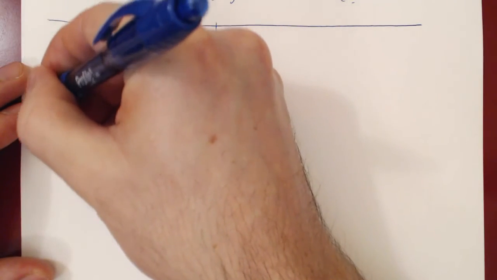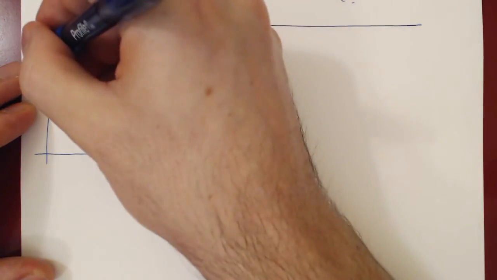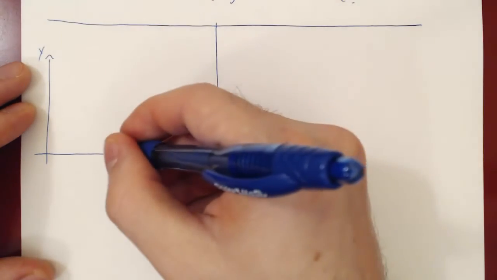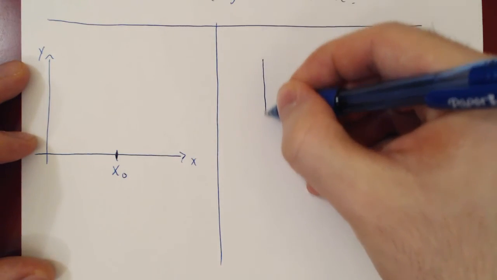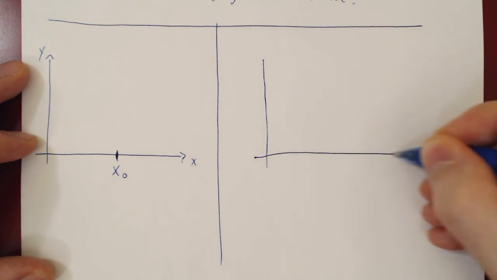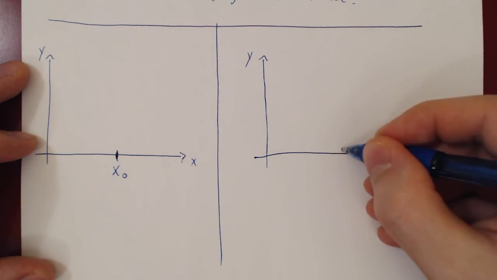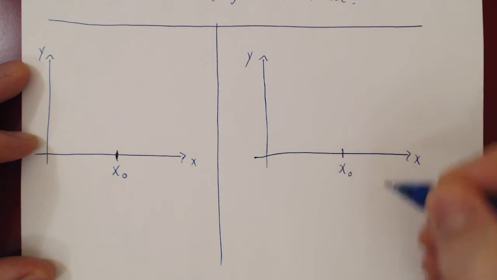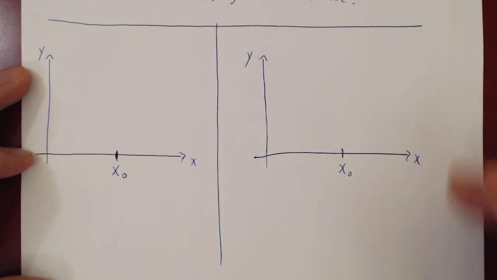So suppose that you have the following set of axes, and suppose that the point x0 is positive. In both cases, we'll also assume, just for clarity of the picture, that the y values of the function are positive.